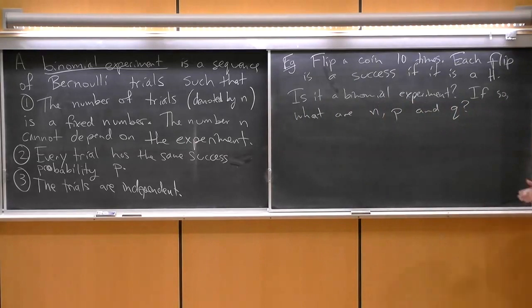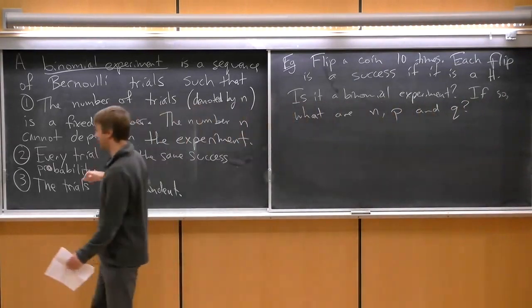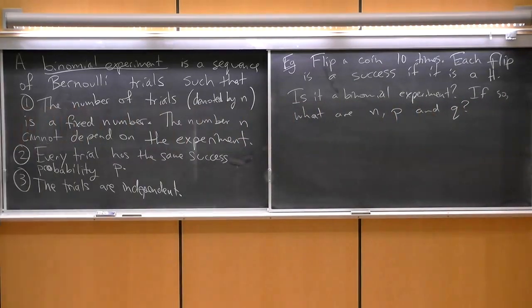So to know if it's a binomial experiment, you just need to know whether it satisfies these three conditions, right? Okay. So is anyone who thinks it is a binomial experiment? Who thinks it isn't? Okay, it definitely is.